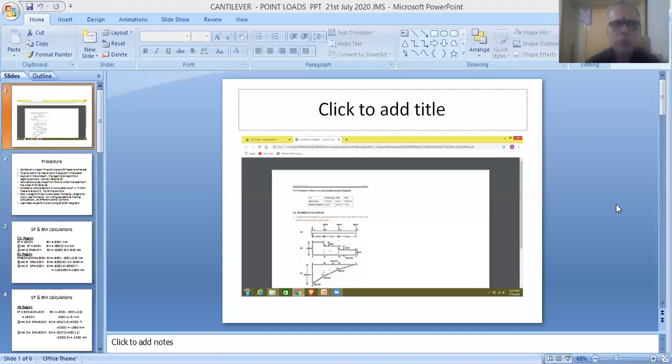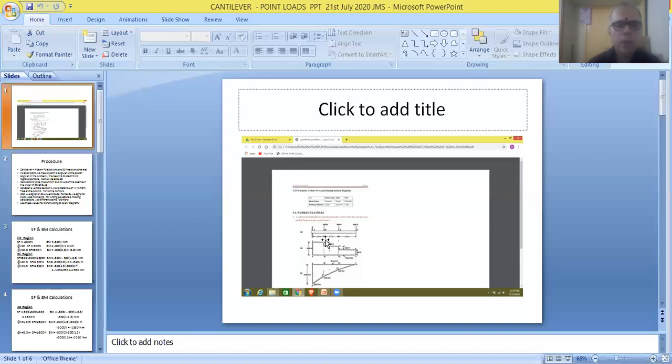Now, this cantilever is given at the top of the problem. We can see the arrangement of the cantilever. All the beams will be arranged in a horizontal position.